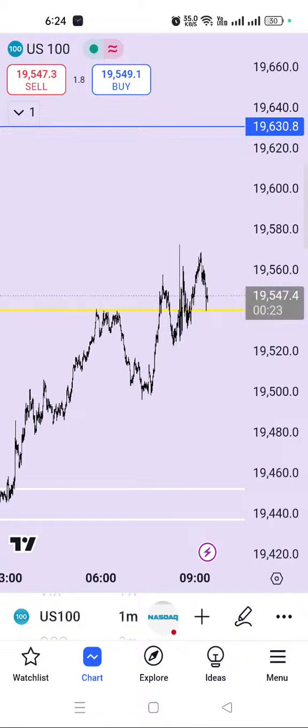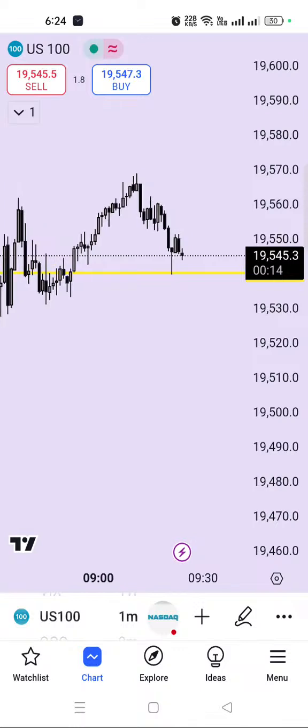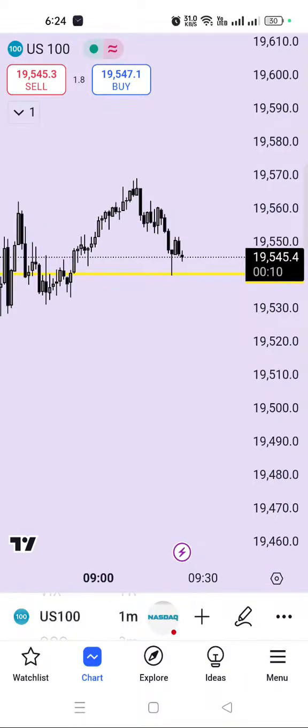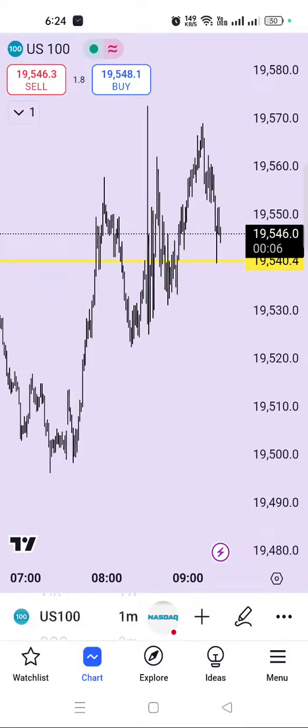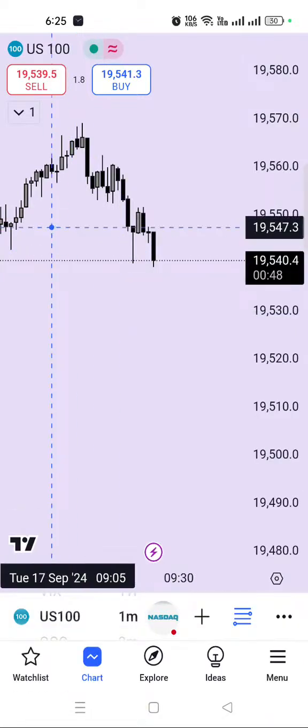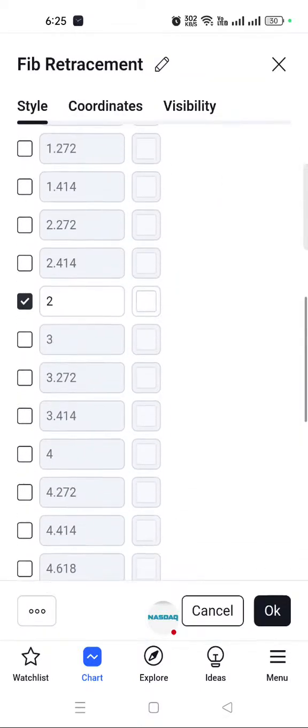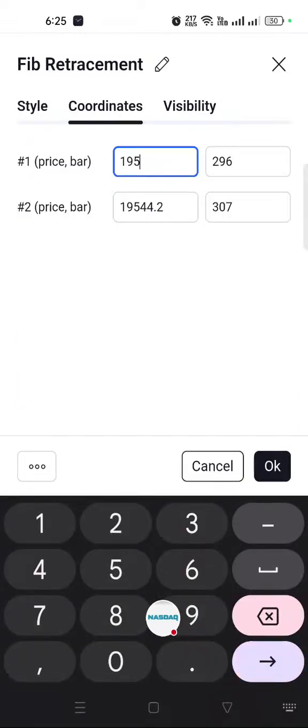Let's remove 504 and draw 557 and 540. 557.4, 540.9.